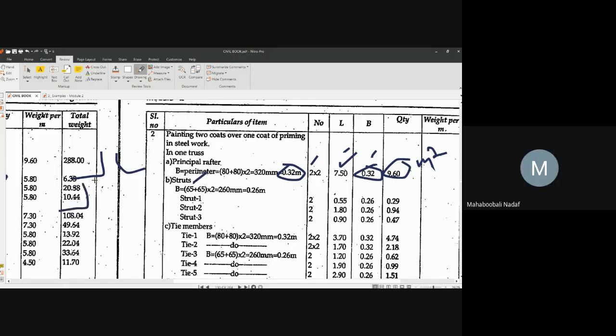Strut's size is 65/65. Okay? So that much back to back are there, so that is why 2 members are taken. Strut 1, 2, 3, and 2 coats means here they have taken 2. Now here, what is the length? Length is also given from the cross section. Yes or no? Yes, sir.